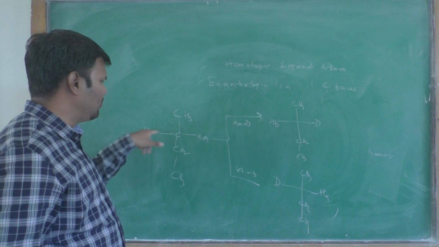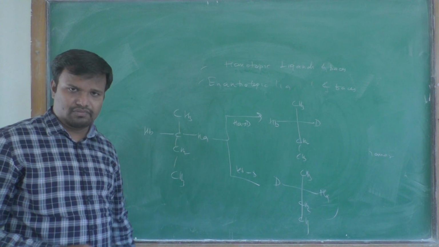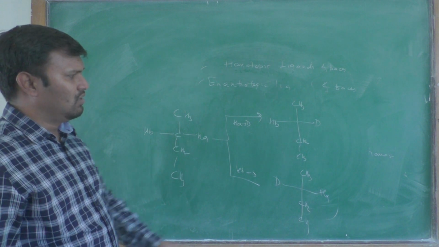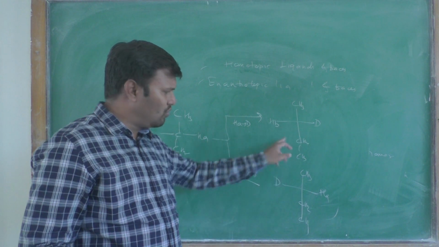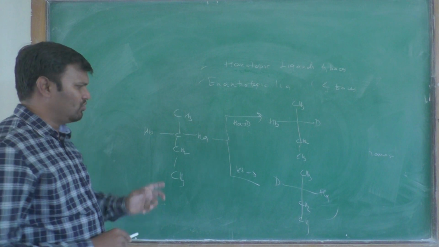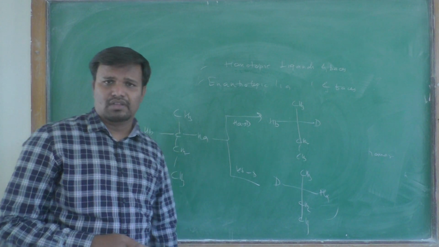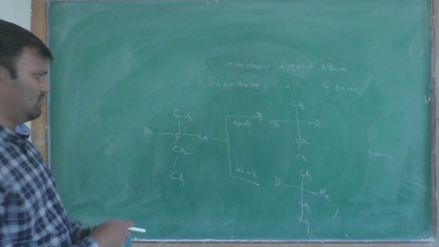If you replace any one of the homomorphic HA and HB atoms with deuterium, you will obtain chiral center compounds, and these two compounds are enantiomers to each other. Therefore, these HA and HB are enantiotopic ligands or atoms.